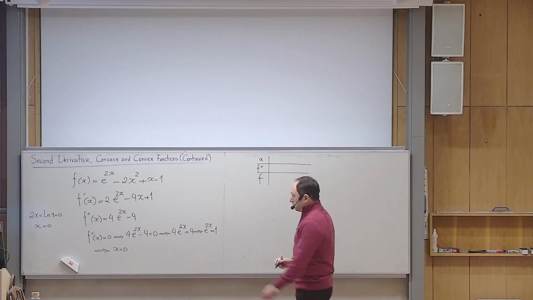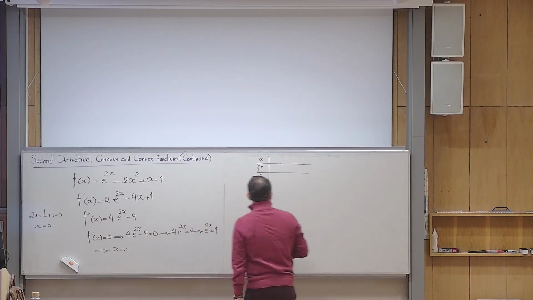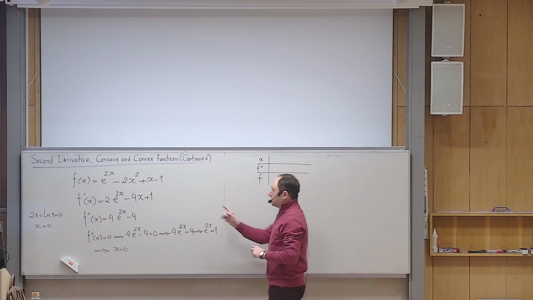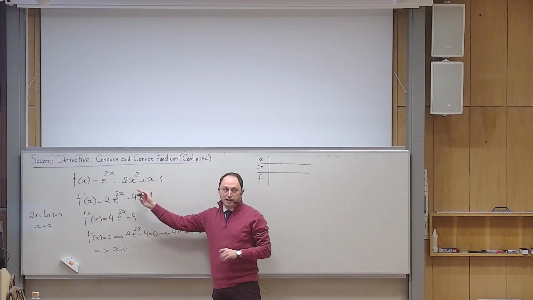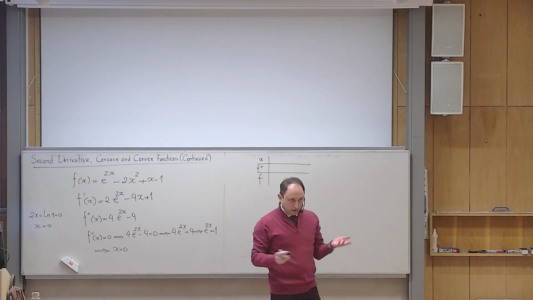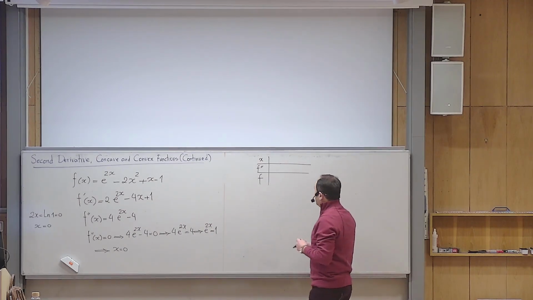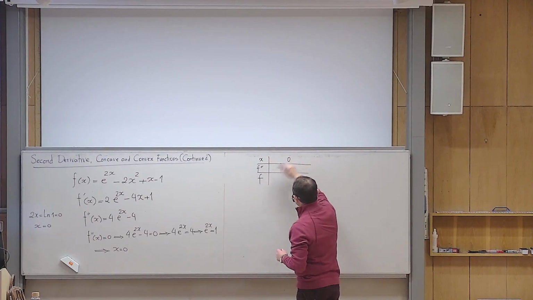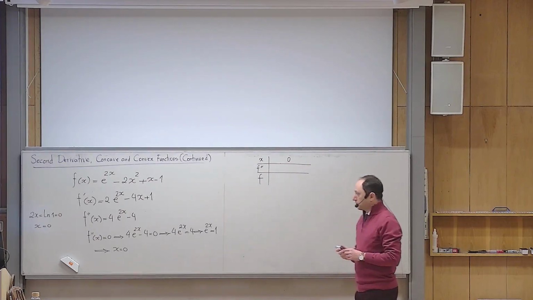So my candidate is 0. You can assume that here is minus infinity up to infinity. Why? Because I do not have any limitations about the values that I can put into the function. The domain of the function is all real numbers, so this is why I do not put 0 here. I assume that here is minus infinity, here is positive infinity, so I put 0 somewhere here.